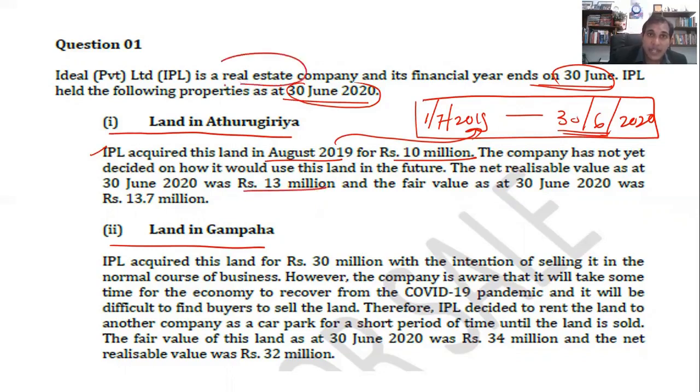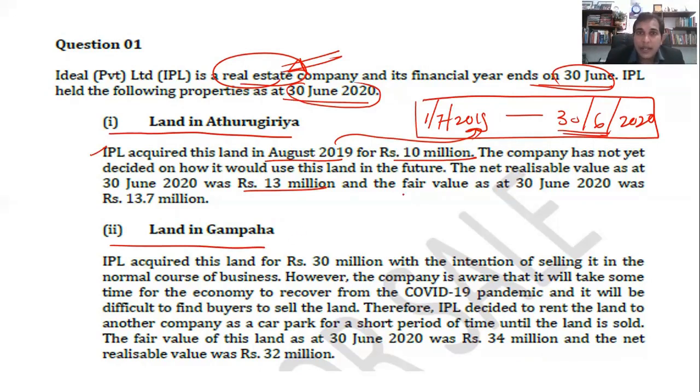Why? This is real estate. You know what real estate is, right? They purchase lands, divide them and then sell them. So these lands could be identified as inventory for their business. That is the ordinary course of business. But for this land in Aturugiriya, they don't have a clear intention why they purchased it, but they keep that particular land for capital appreciation, it seems.